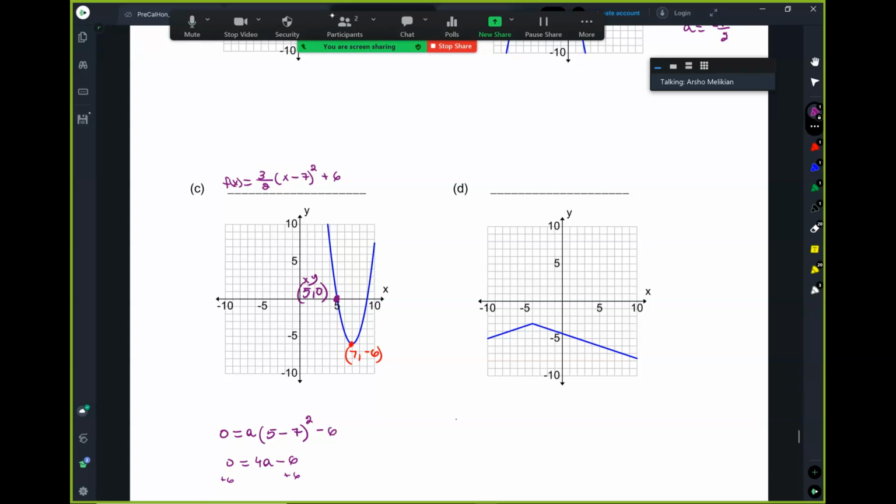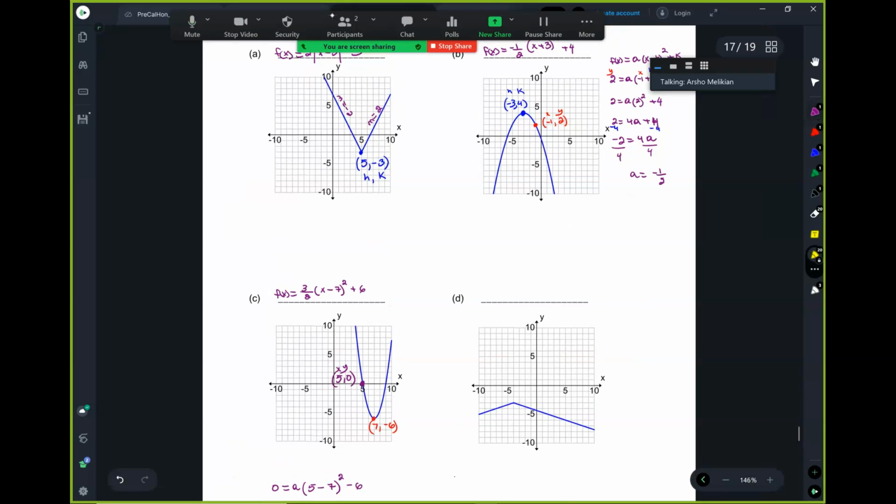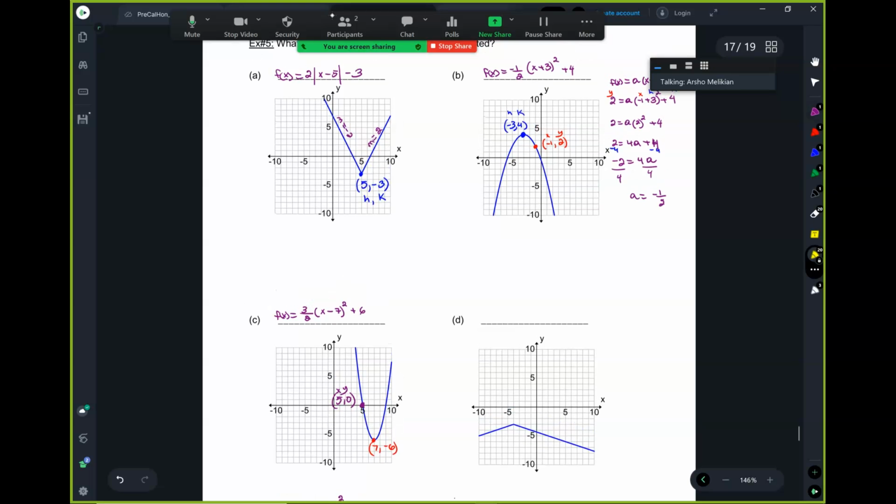Okay, now, hang on. Before I take your question, very, very important. Take a look. In the parabola above, do you see how the parabola was facing down? It's supposed to be a minus 6, sorry. Okay, look at the first one. Do you see how the parabola is facing down?